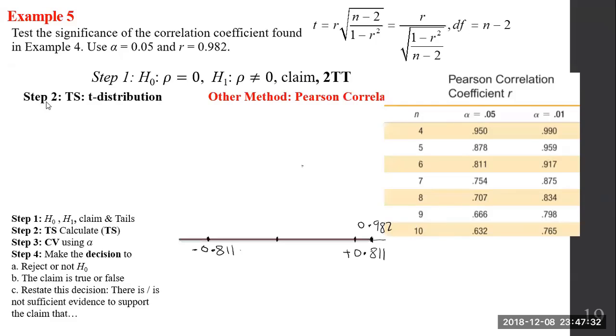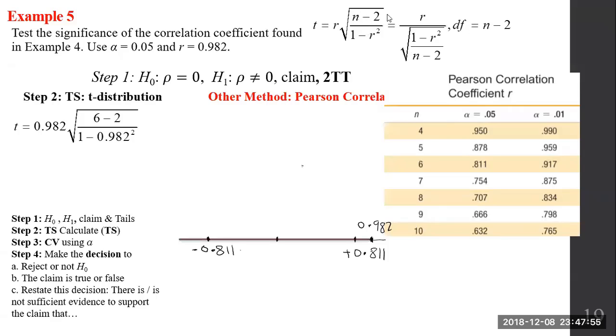Step number 2, find the test statistic. We use a t-distribution, which we should all be familiar with, and use the formula. Just to note, these two formulas are exactly the same. In some textbooks, you would see this formula here, R times the square root of n minus 2 over 1 minus R squared.